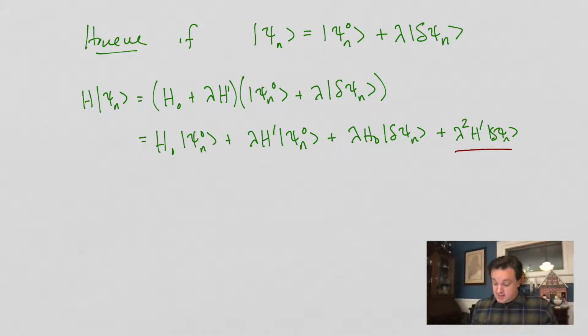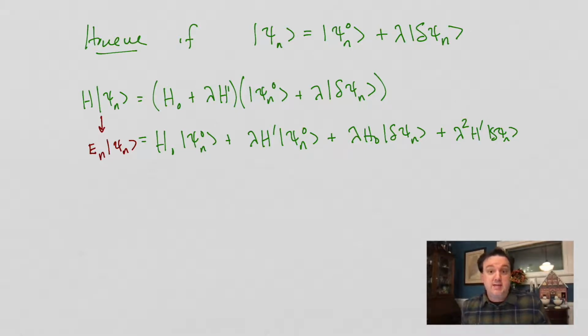I know it's going to be less important than either of the 2 terms that come before it. And on the left-hand side, I have just H acting on psi n. And I don't know what that is yet, but I do know that psi n is an eigenstate of the full Hamiltonian, and therefore that's just going to give me the total perturbed answer to the energy, E sub n, right?